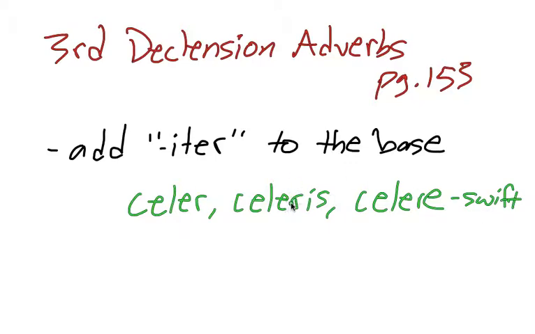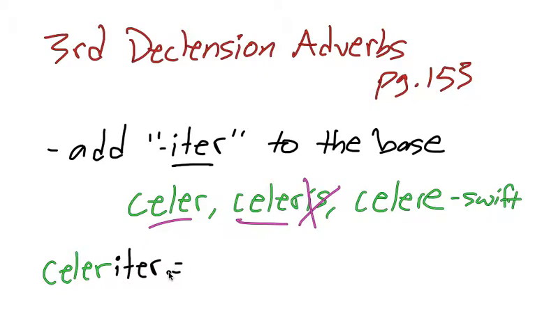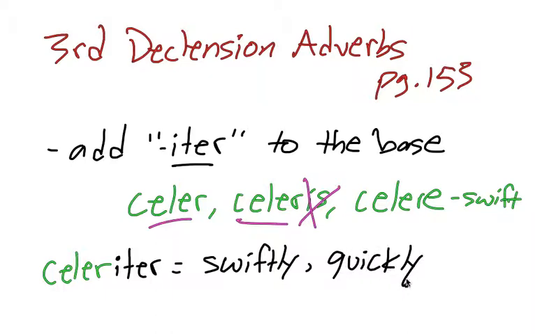And remember, the base is formed by dropping the genitive singular ending, which here is also going to be the is from the feminine. So the base of celer is celer. So celer plus iter gives us celeriter, which means swiftly or quickly.